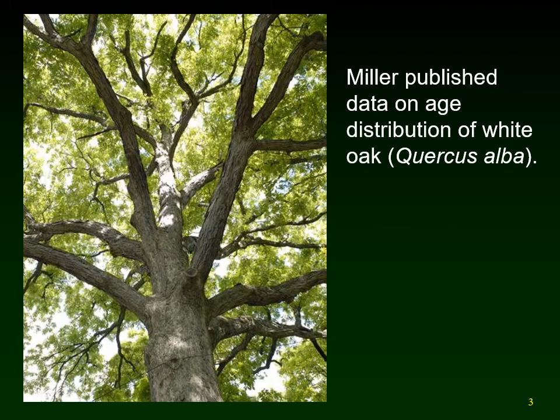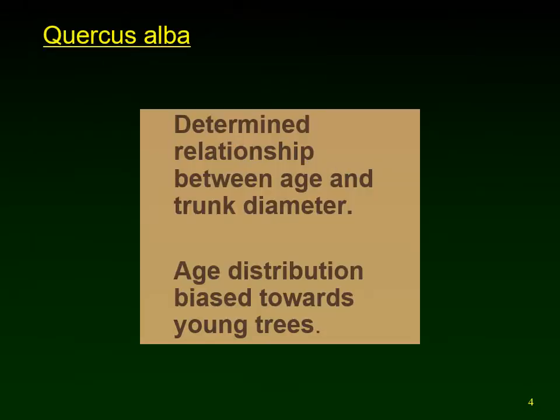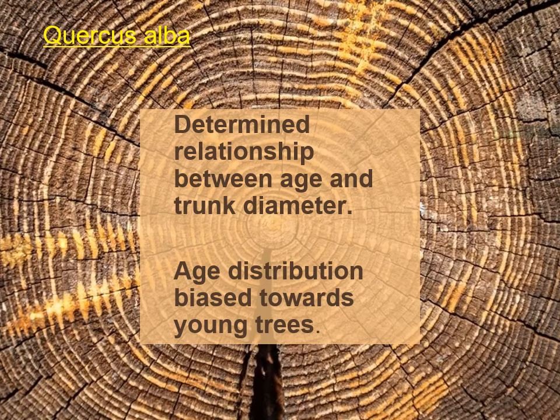And then he took a corer to get a little sample out of the trunk so he could actually count the rings. So he could figure out just by measuring the size of the trunk how old the tree was. So he had determined a relationship between the age and the trunk diameter, because clearly the bigger trunks were going to be older trees in general. It's not perfect, but it does give you an estimate.